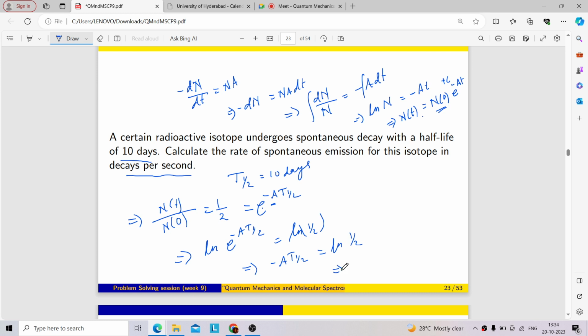If I take the minus sign to the right hand side, then this will give me A t half equal to ln of 2.